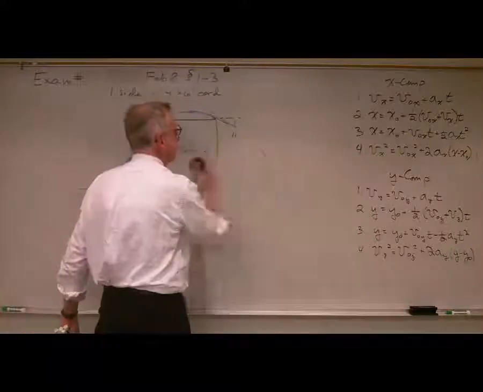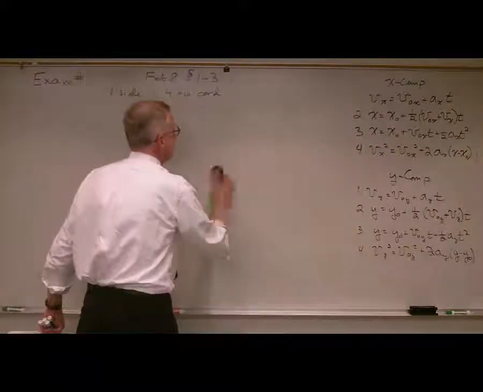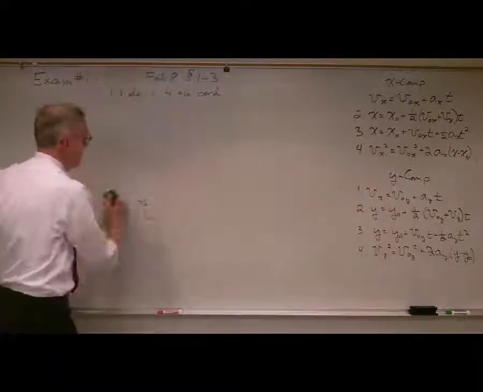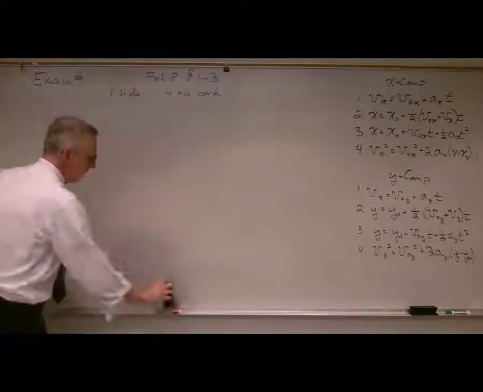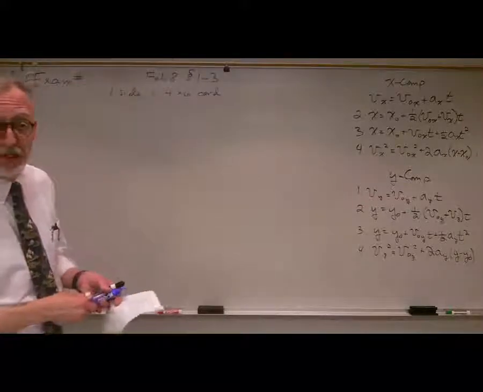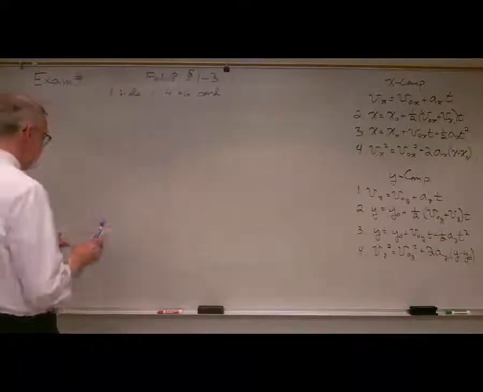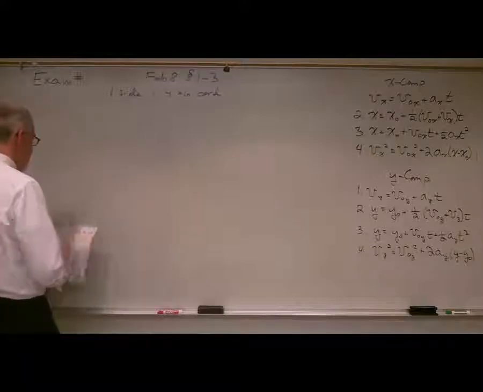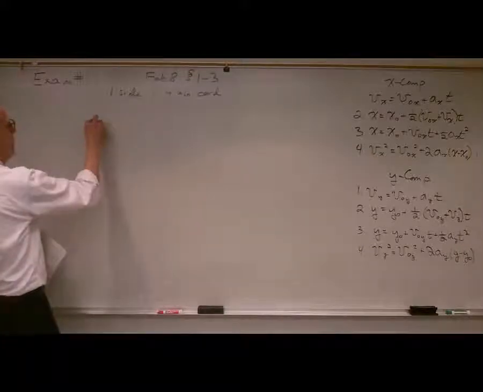So if you ever have to take something where you might have to do this, I want you to have seen it before. All right. This is actually a combination of velocities in different directions, and this is called relative velocity.